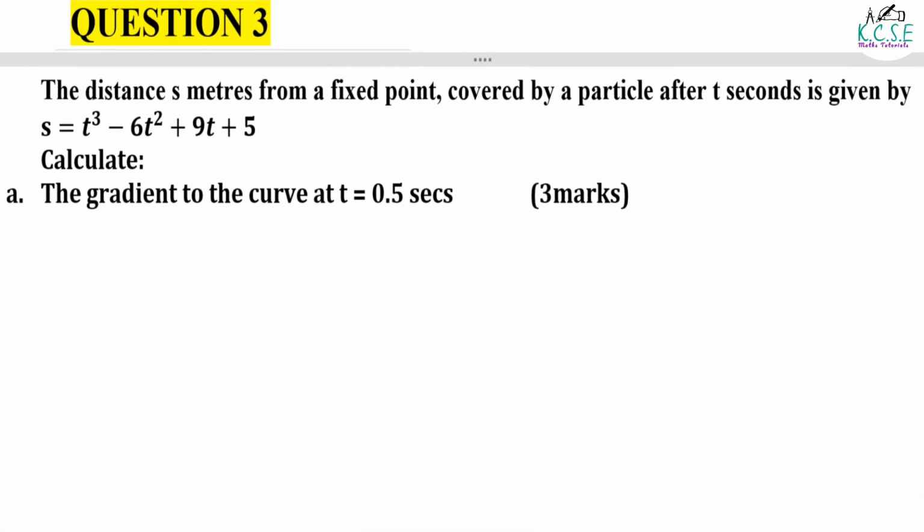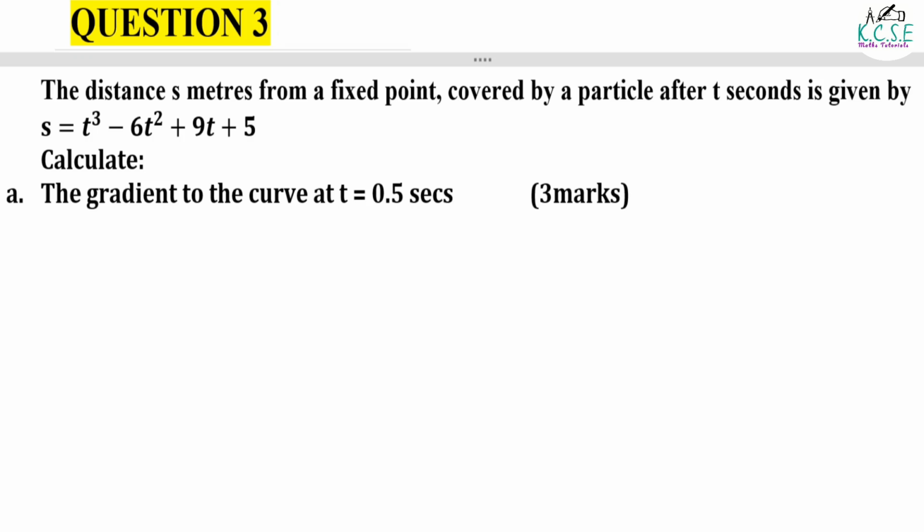So let's go to the first part of the question. We're supposed to get the gradient to the curve at t is equals to 0.5. So to get the gradient of the curve at that point, we shall take the expression for distance and differentiate.